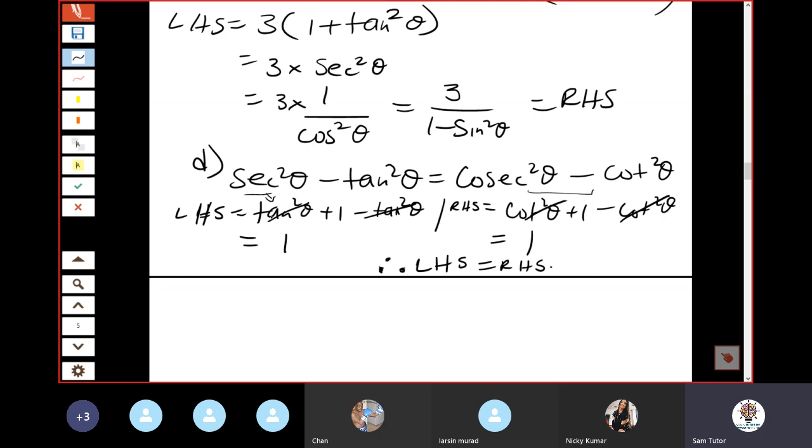You're left with 1. Same thing on your right-hand side. Cot squared plus 1 minus cot squared. Cot squares cancel out. You're left with 1. Because 1 equals 1, therefore, your left-hand side must equal your right-hand side. Make sense? Yeah, yeah.